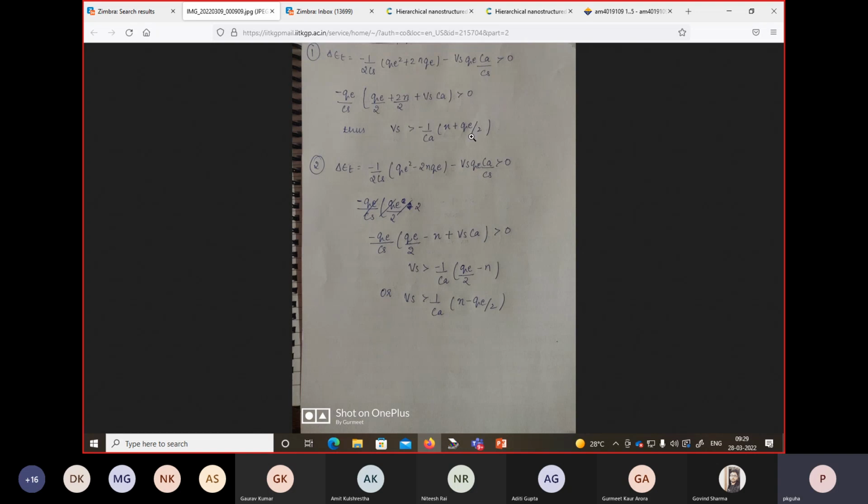You want to consider n equal to 1 or n equal to 0? Sir, if we take n equal to 1, that will be single electron transport.